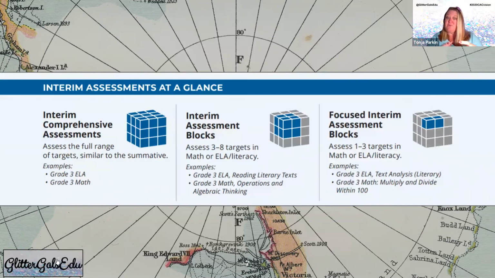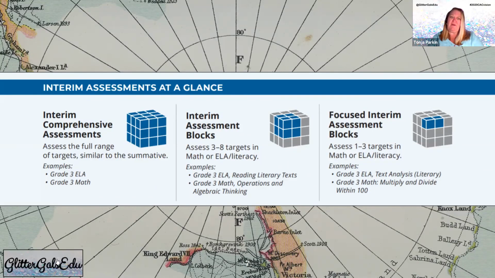So it's literally just a carbon copy, essentially, of what they're going to do on the full-blown assessment, obviously with different questions, but it's a complete run-through. And so it's going to be an entire ELA or an entire math assessment, however you want to think about that. So it's all the targets, all the claims, very similar and aligned to the summative.